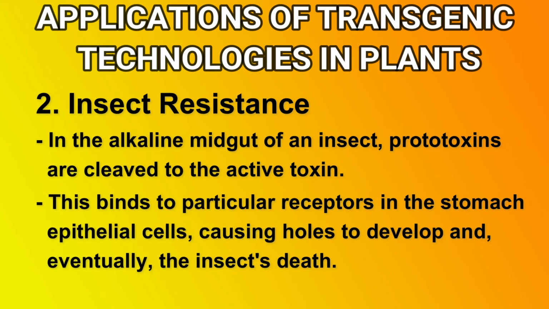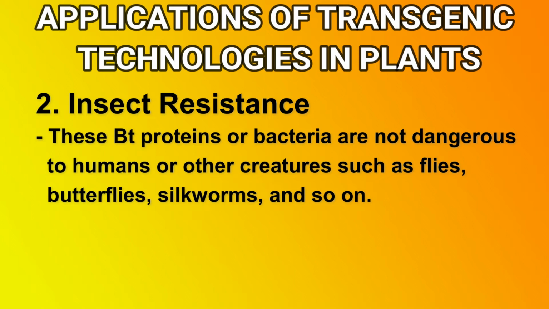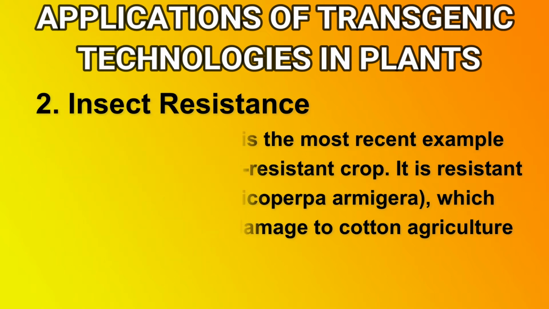This binds to particular receptors in the stomach epithelial cells, causing holes to develop and eventually the insect's death. These Bt proteins or bacteria are not dangerous to humans or other creatures such as flies, butterflies, silkworms, and so on. The Bt cotton plant is the most recent example of farming an insect-resistant crop. It is resistant to bollworm Helicoverpa armigera, which causes significant damage to cotton agriculture across the world.